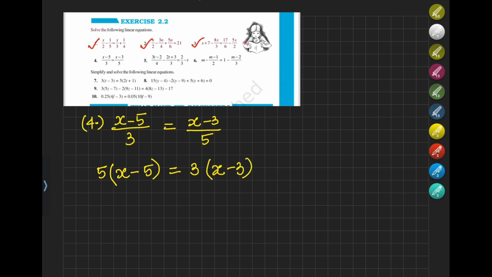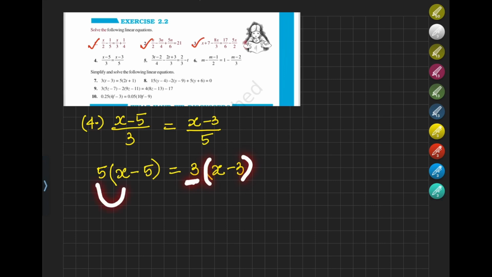Now we also have to remember while doing the multiplication that we are not just multiplying this 5 with x or this 3 with x. We are multiplying it with the whole expression. That means x minus 5 is multiplied with 5, the whole expression is multiplied. In the same way, 3 is multiplied to the whole expression.